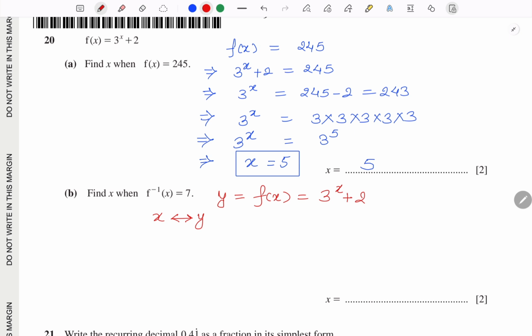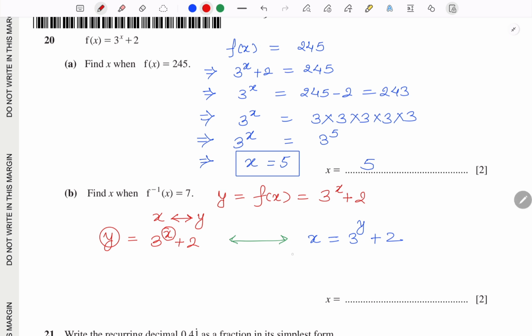So earlier our equation was y equals 3 raised to the power x plus 2, and now to find the inverse we will interchange the x and the y. So it will become x is equal to 3 raised to the power y plus 2. What we did, we just interchanged x and y with each other. In place of x, I wrote y, and in place of y, I wrote x.